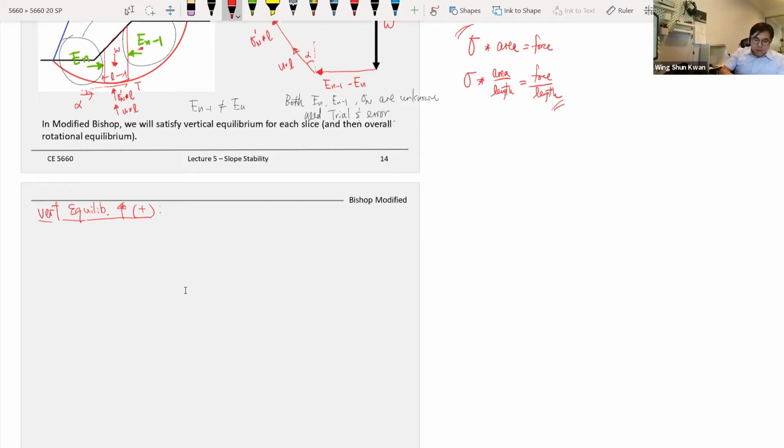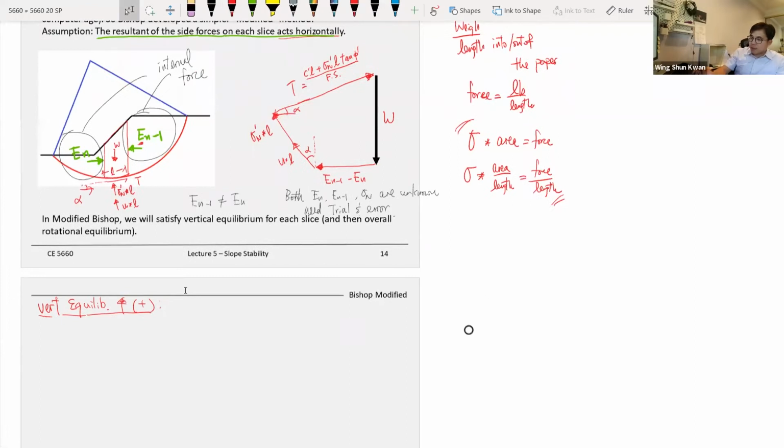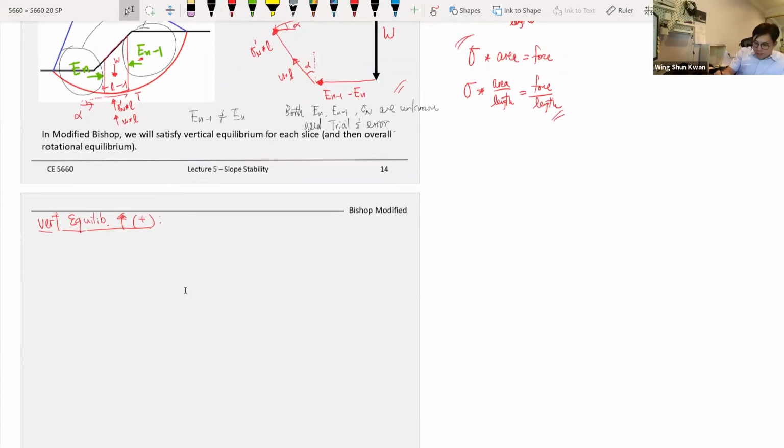Based on the free body diagram right here, they sum the vertical forces. So the weight is always pointing down. The pore pressure, the vertical stress, which means the normal force at the bottom, and then plus the frictional force at the bottom of our slice.